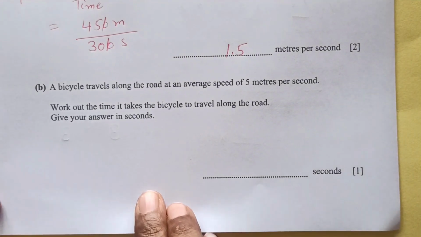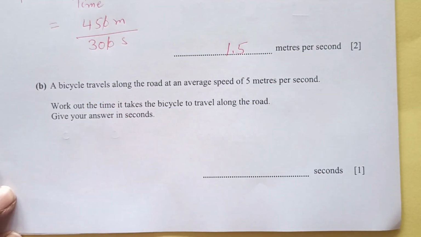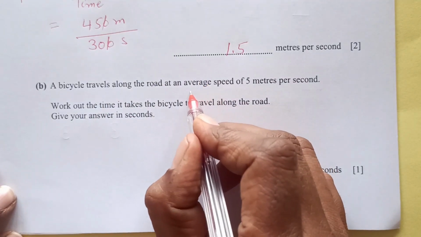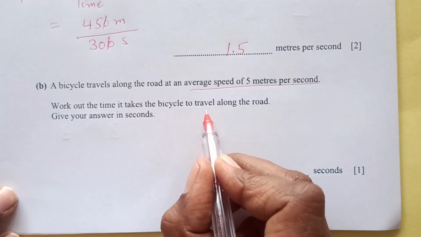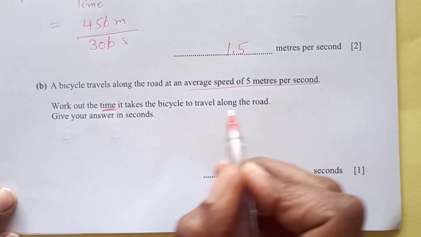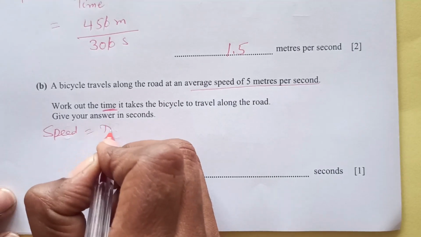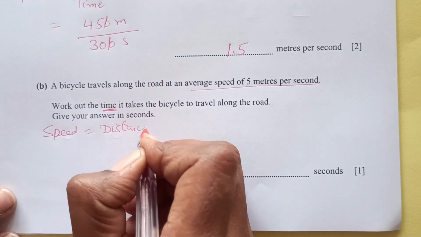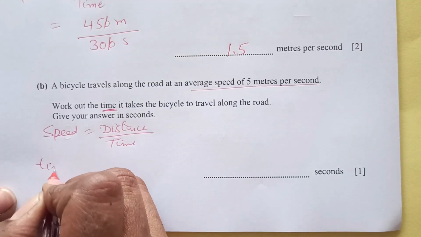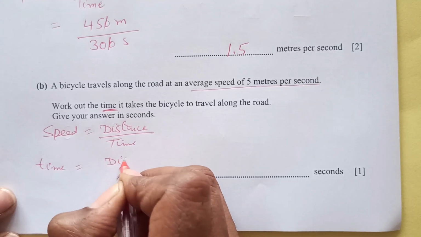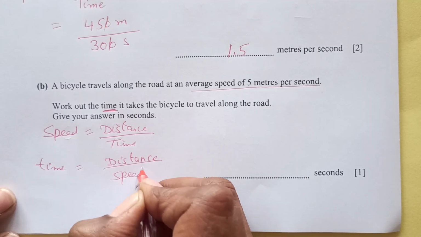Okay. Now part B, a bicycle travels along the road at an average speed of 5 meters per second. Work out the time it takes the bicycle to travel along the road. So we are looking for time now. We know that speed is equal to distance over time, and then time is going to be distance over speed, right?